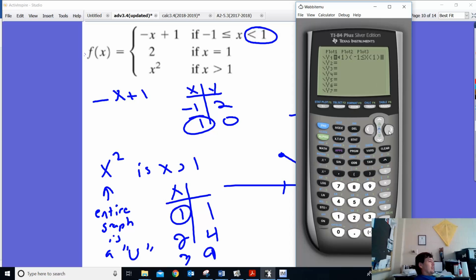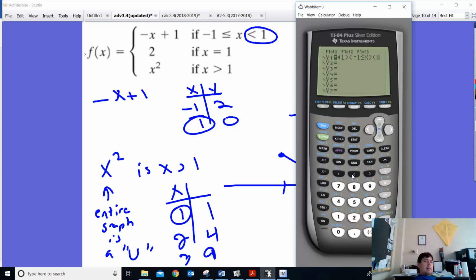TI-84 cannot handle compound inequalities. You have to break them apart. My bad. You have to break it into two different separate inequalities. I think, it's been a minute since I've done these.